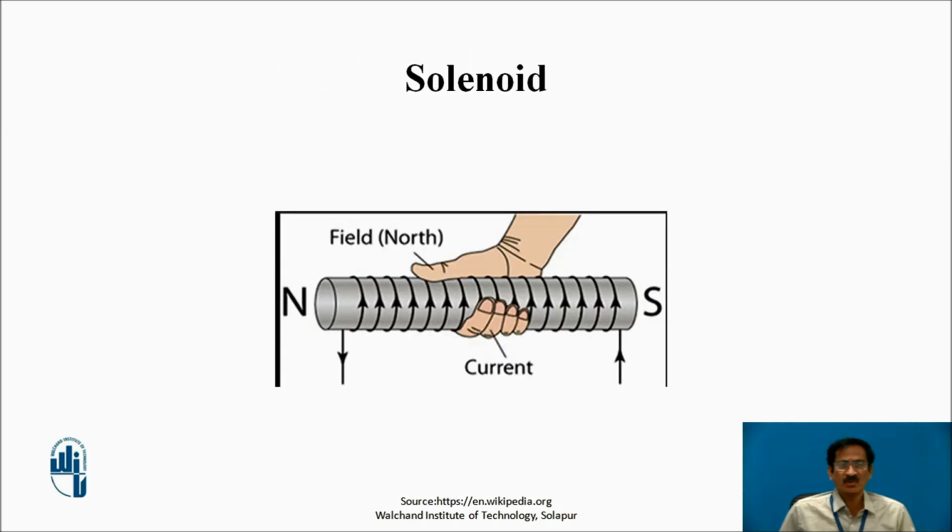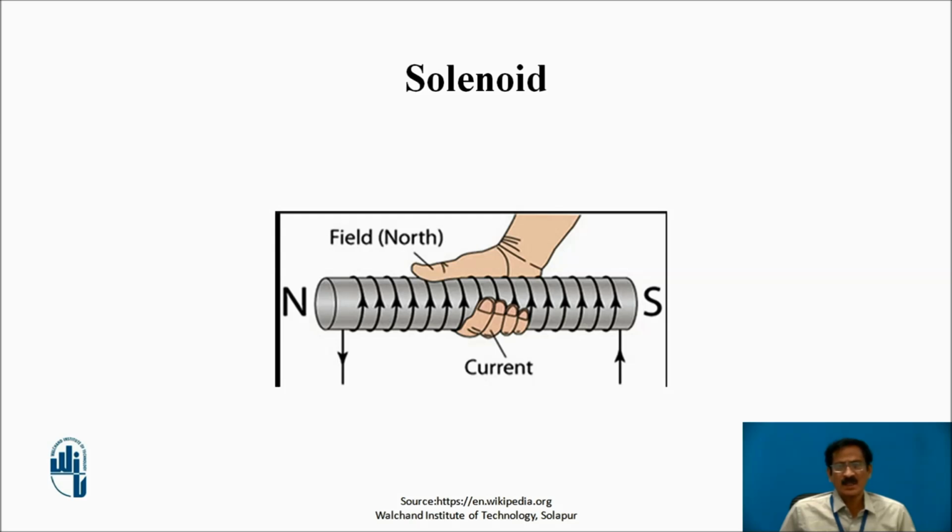This arrangement is called the solenoid. The construction of this solenoid is a coil wound on a magnetic material, and the current is passed through the coil. Refer to this diagram, in which you will find arrows shown across every winding or every turn of the coil.